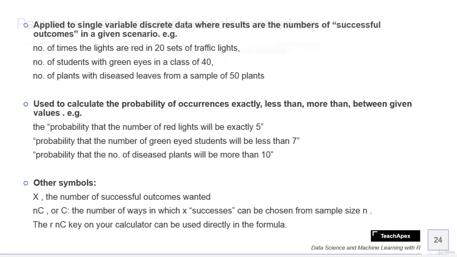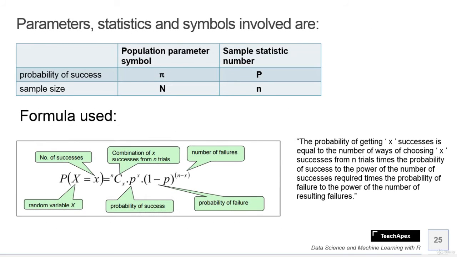Next we have the parameters, statistics, and symbols involved. Here you can see the probability of success and the sample size. We have the population parameter symbol and the sample statistic: pi, p, and capital N, and small n.